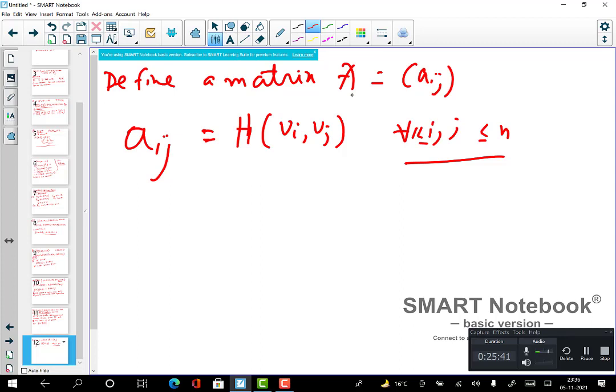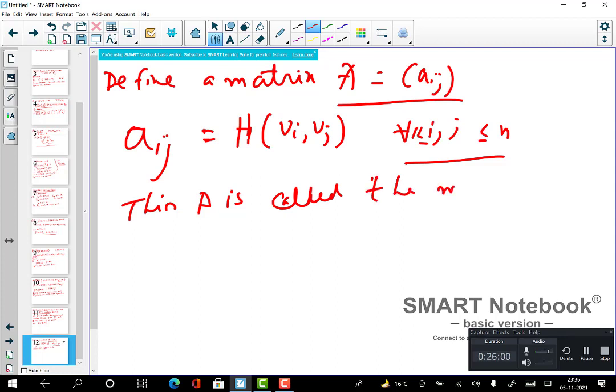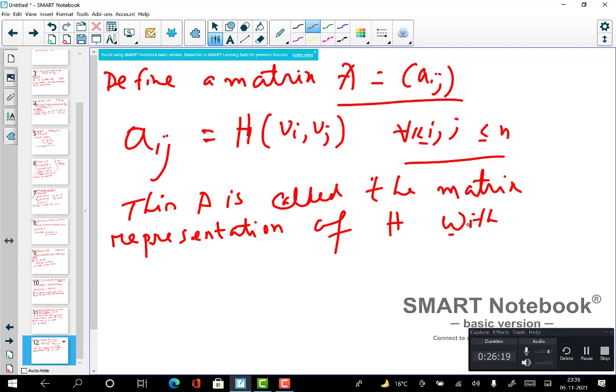Obviously this matrix depends on the basis B, and this is called the matrix representation of h with respect to the basis B. Once you change the basis, it will change.